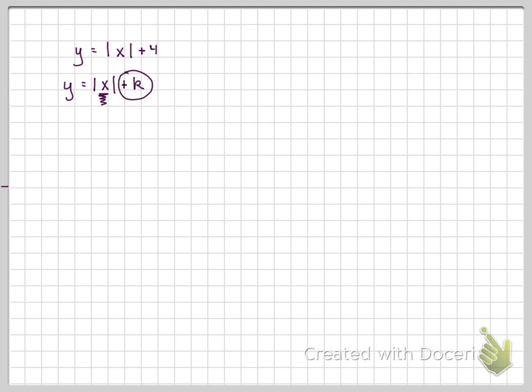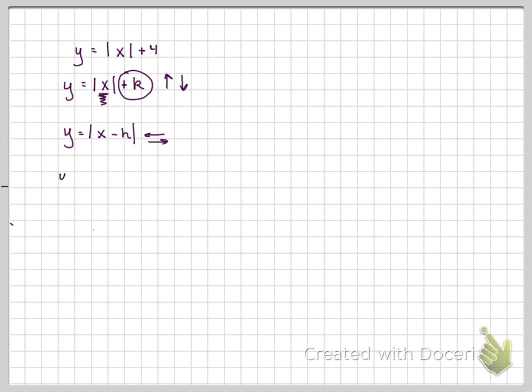This plus k represents that we are either moving up or down, okay? Likewise, if we had an absolute value of x minus h, the h value tells us whether we are moving left or right, okay? So h is left or right, k is up or down.